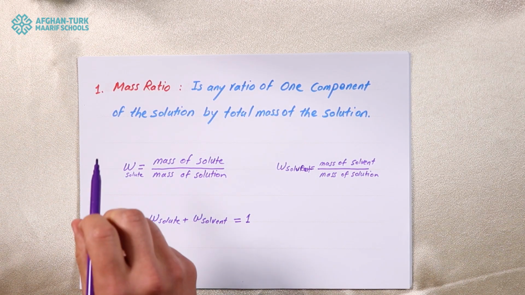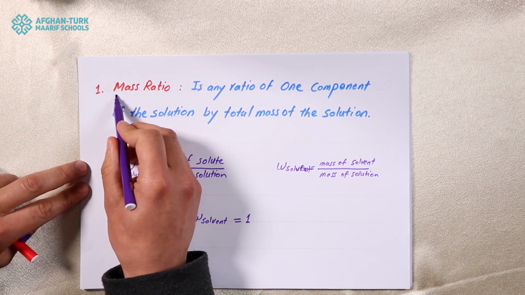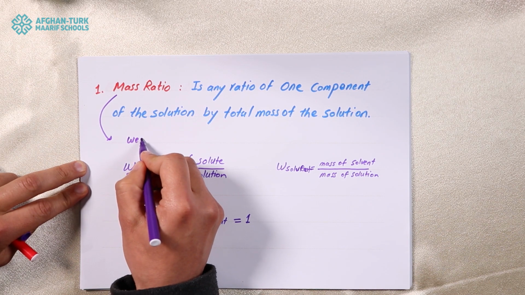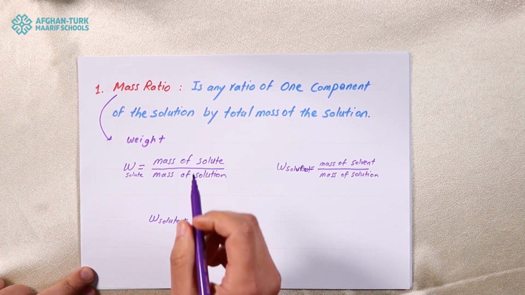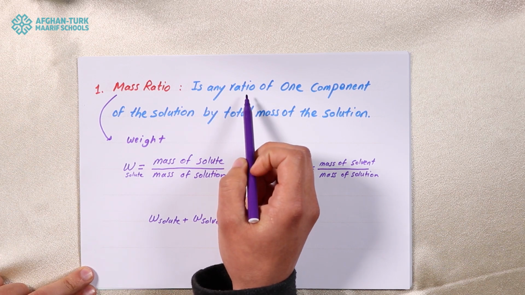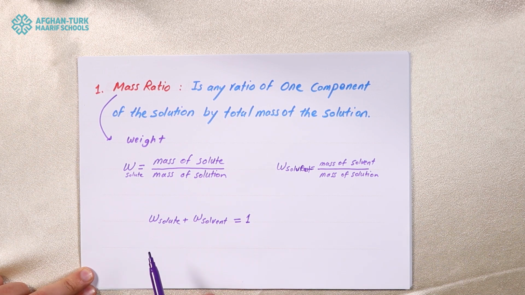As you see here, the first one is mass ratio. What is the mass ratio? The other name of mass ratio is weight ratio. It is the ratio of one component of the solution divided by the total mass of the solution.